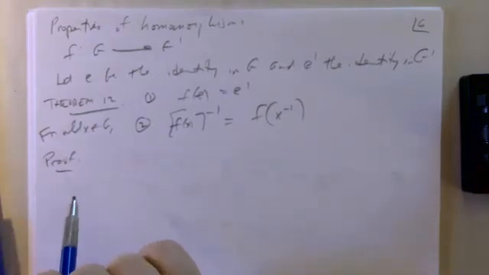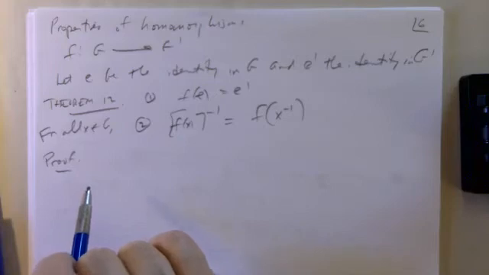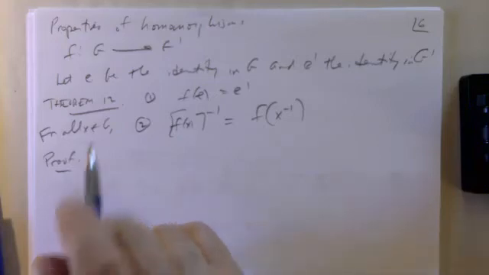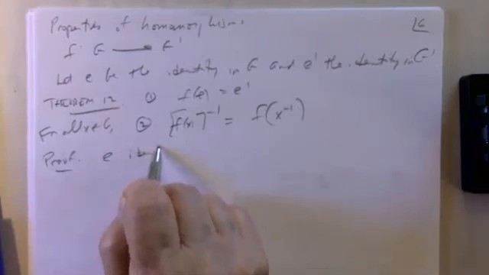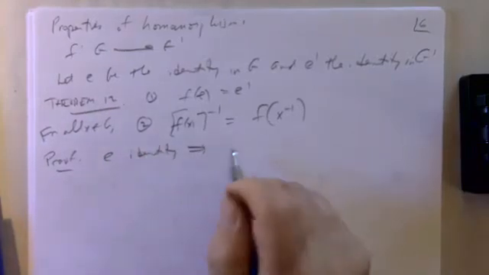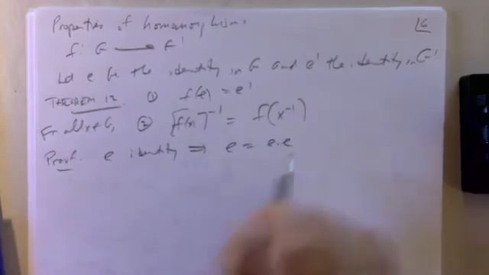Proof. So if E is the identity, that means E is certainly E times itself.